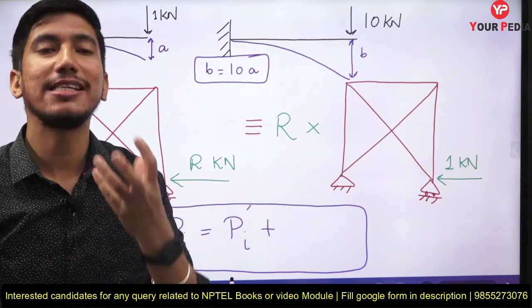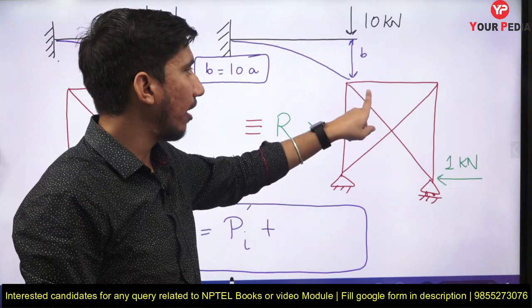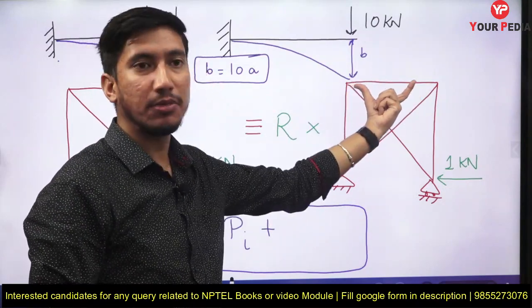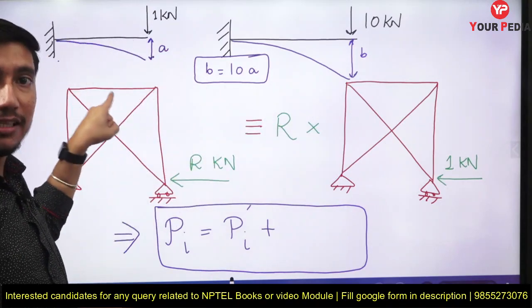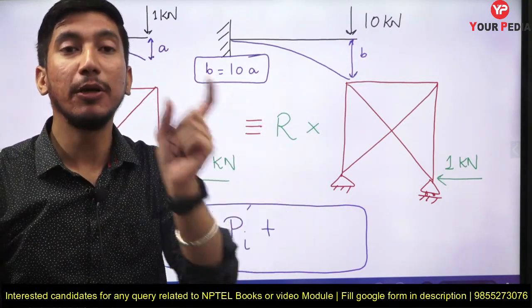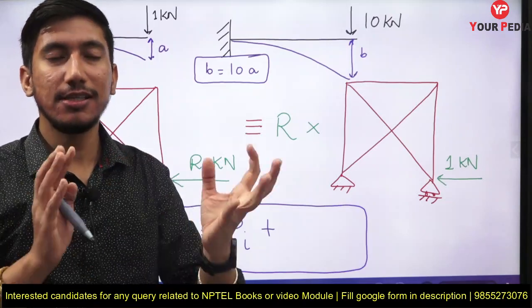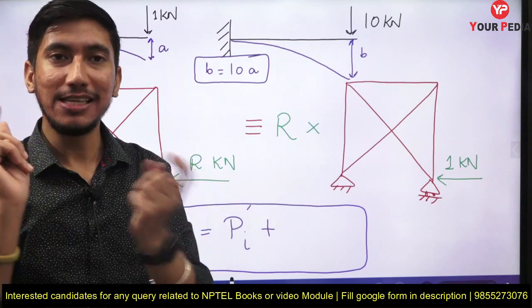Suppose this R was 10 kilonewton, but I have applied 1 kilonewton here. Now if in this member the force comes out to be, suppose, 0.2 kilonewton, then the actual force in this member will be 0.2 into 10, which is 2 kilonewton. So this is the linear elastic principle and superposition principle we are applying simultaneously.